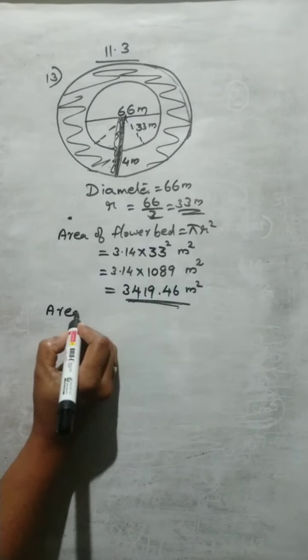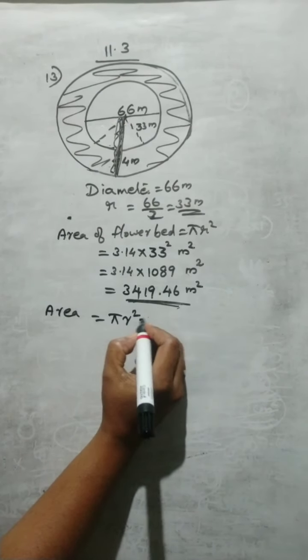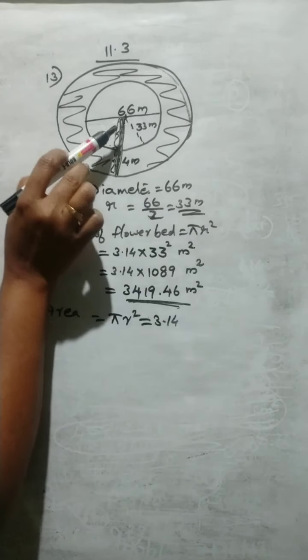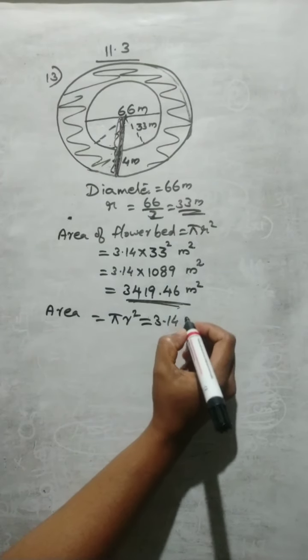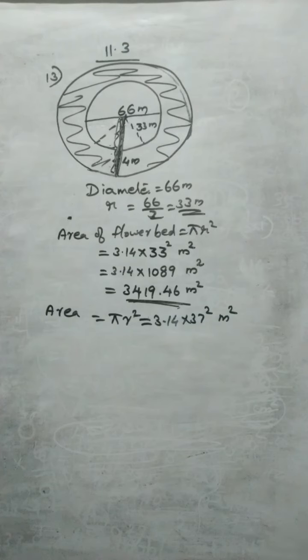Then area of this part is equal to pi r square. That also is equal to 3.14. What is the radius? Here up to here 33, then 4. 33 plus 4 is equal to 37 square meter square.